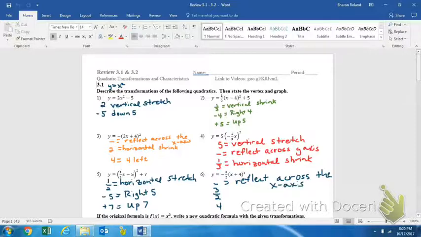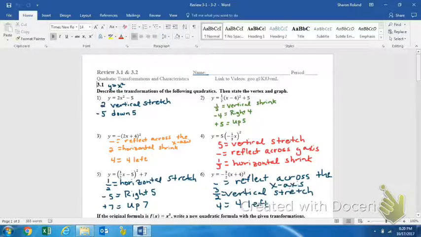Three over 2 is tricky because usually if you have a fraction it's less than 1, but in this case it's more than 1, so it's a vertical stretch. It looks like it would be a shrink, but it's not. The 4 inside the function would move 4 left.